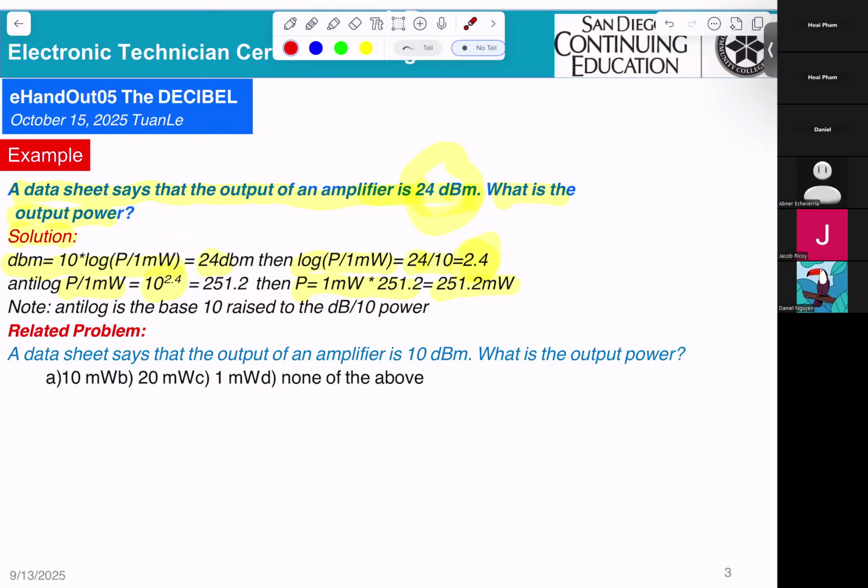That means you take the 24 divided by 10, right here, 10. Okay? And you take the log out. So P over 1 milliwatt equals 10 to the power of 2.4. Okay? And that gives you 251.2 milliwatt. Okay? And you can try your related problem. Same thing.